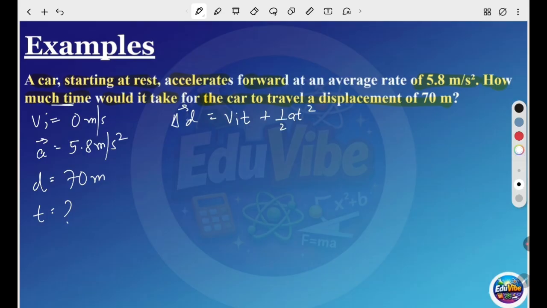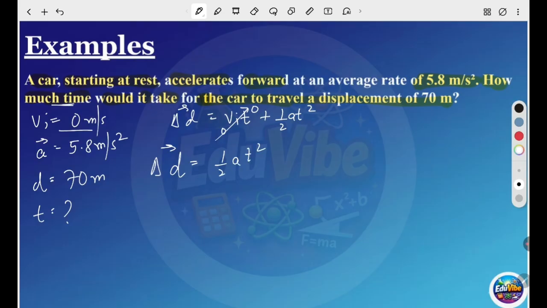Here Vi is equal to 0 meter per second, so 0 times T becomes 0. So your ViT goes to 0 and you are only left with delta D, which is half A T square.